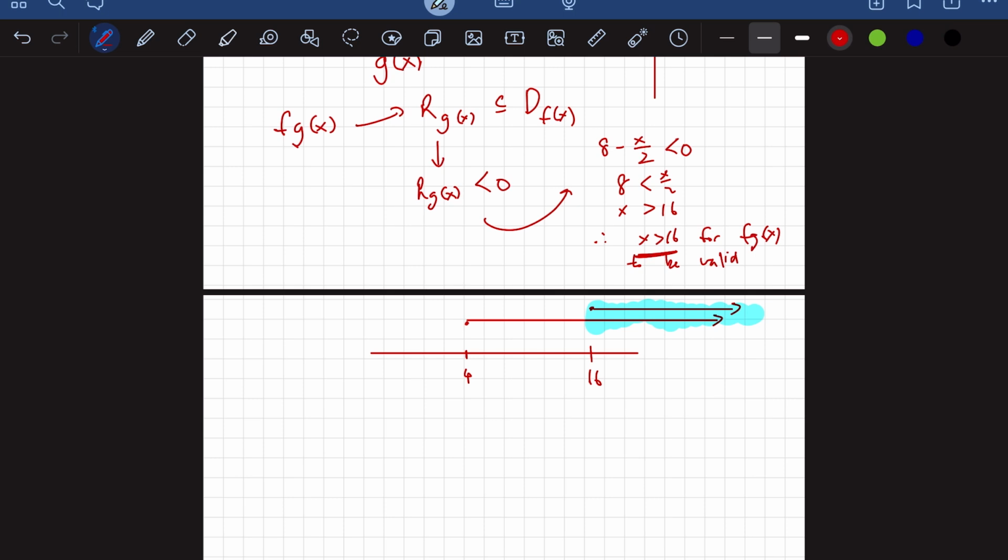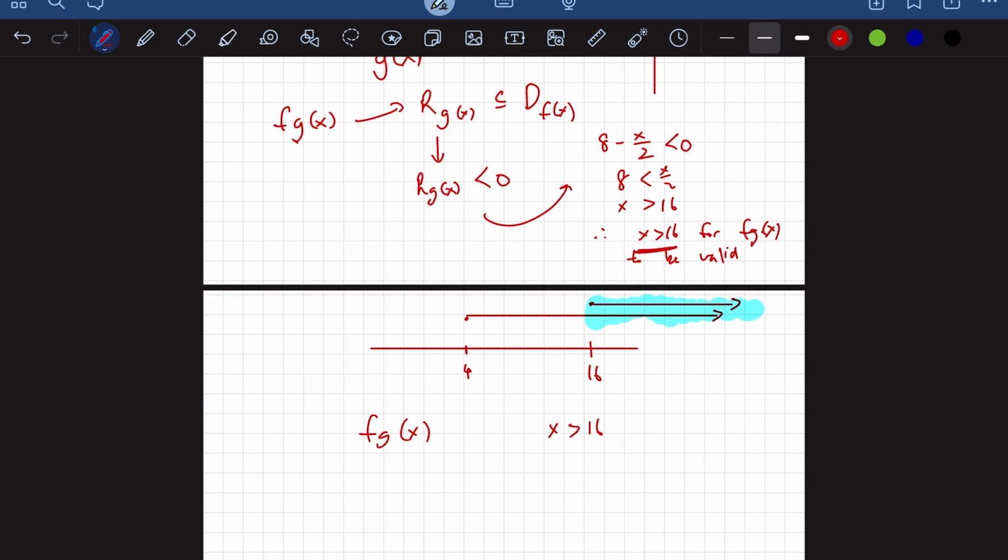Therefore, to ensure that fg(x) is valid, x has to be more than 16. If it's less than 16, it's not going to be true, so we cannot have that. All right, so that's the domain of fg(x). Very important.